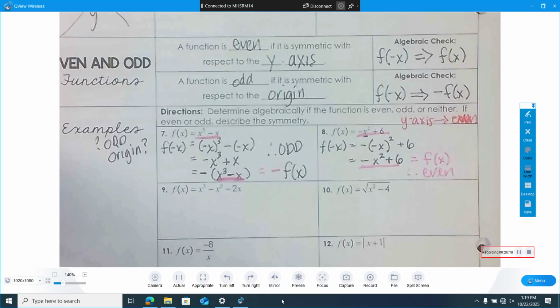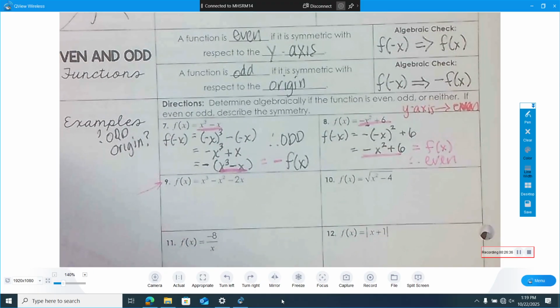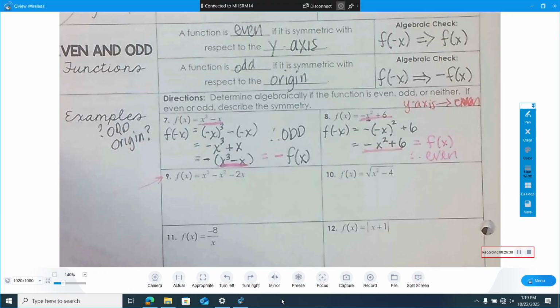Let's look at number 9. And then that's probably good enough. So if you graph number 9, what are you thinking? Is it even or is it odd? Odd.